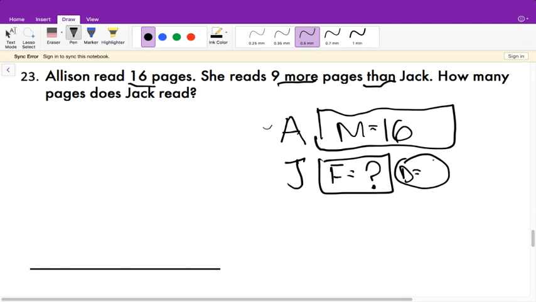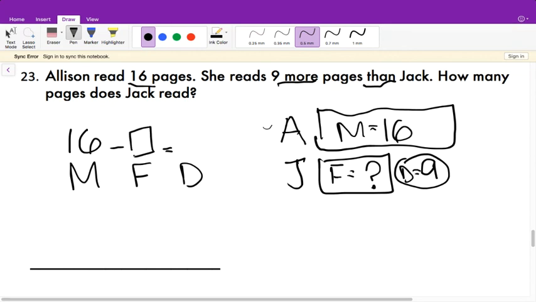And we see 9, she's read 9 more than. So we're going to write 9 for the difference. Now we can take these numbers and go ahead and plug them into our equation. More minus fewer equals the difference. So for more, we have 16 minus fewer, which we have a question mark there. So we'll write the box equals 9 for the difference. Okay.